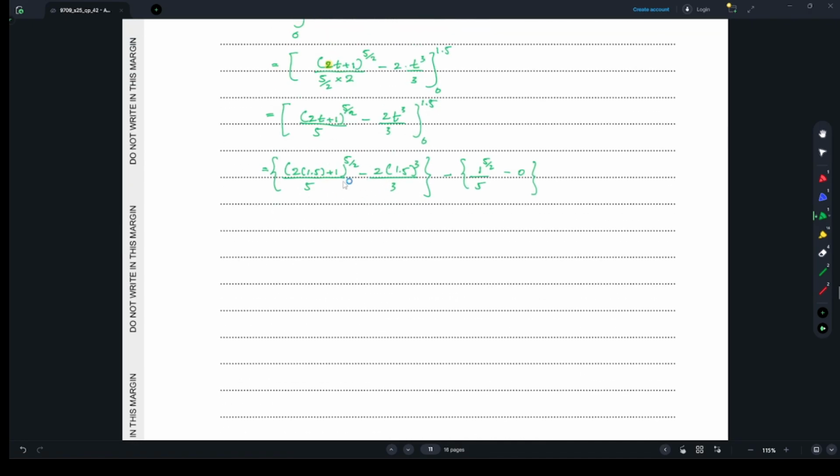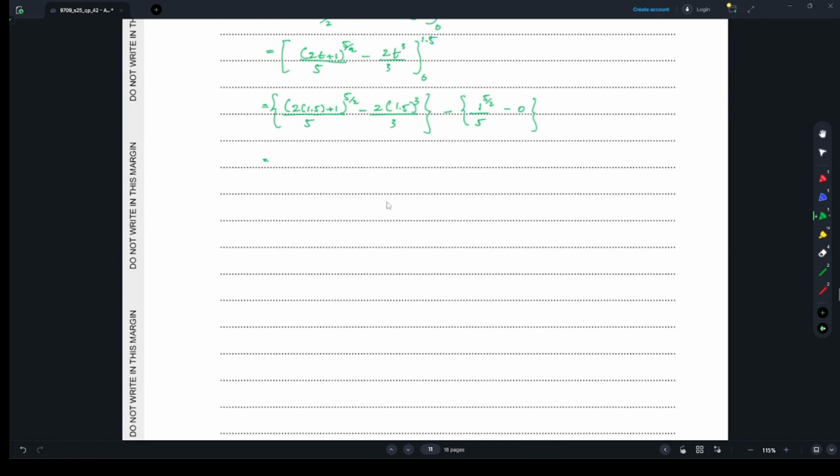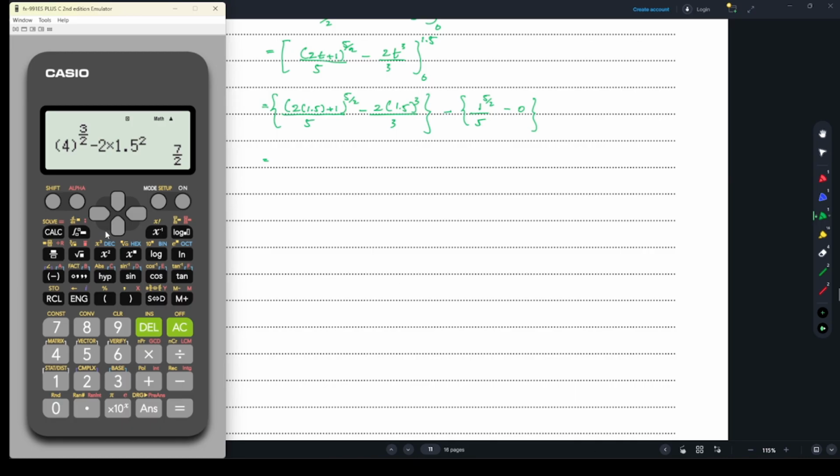Okay, so now you have to simplify those values. For the first one, 2 times 1.5 is 3, plus 1 is 4, so 4 to the power 5 over 2 means 4 to the power 2.5, which is 32. We have to divide it by 5, so it is 32 over 5.